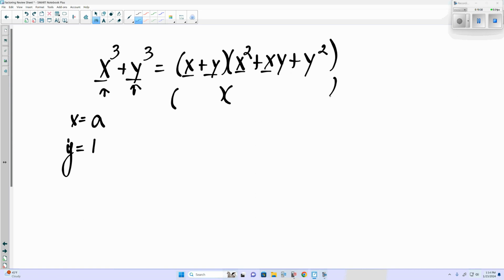Let me write that down. Because our signs, as we've gone through this, are going to be the same, because that shouldn't be plus. That should be minus. Opposite, always end on a positive note. Our first term, x, x squared, x, no x. Well, x is a.